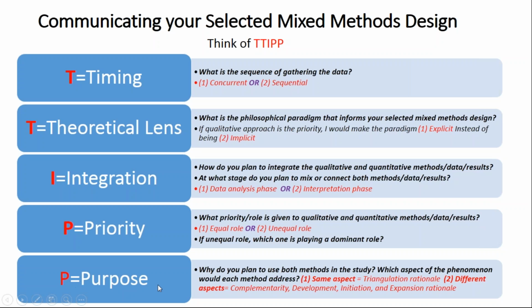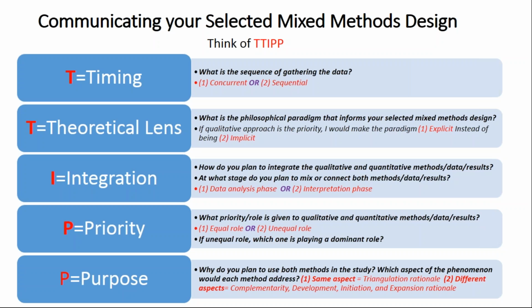And lastly, the purpose. Why do you plan to use both methods in the study? Which aspect of the phenomenon would each method address? Right. So think about a study where you have identified a phenomenon that you want to study, and you plan to collect qualitative data and quantitative data. Right. So you are using two methodologies because one methodology cannot address everything.